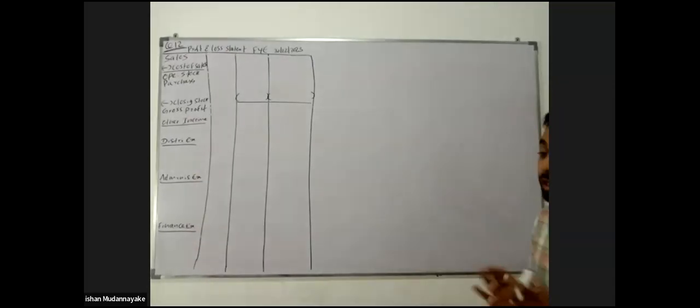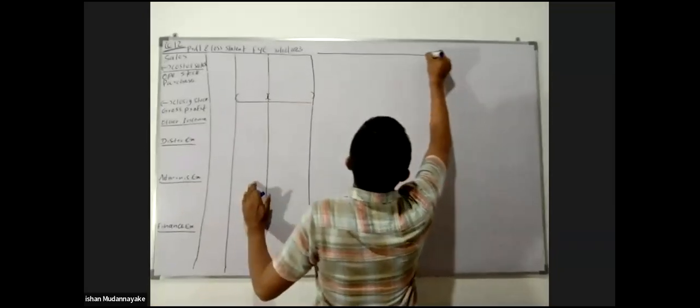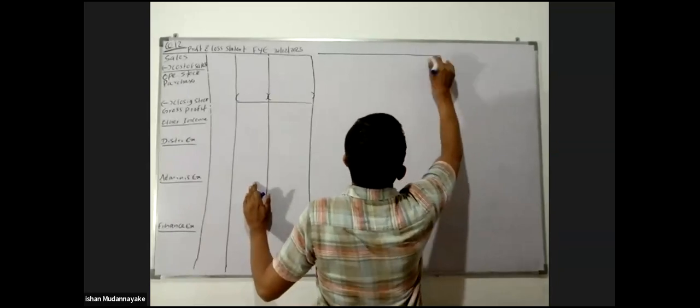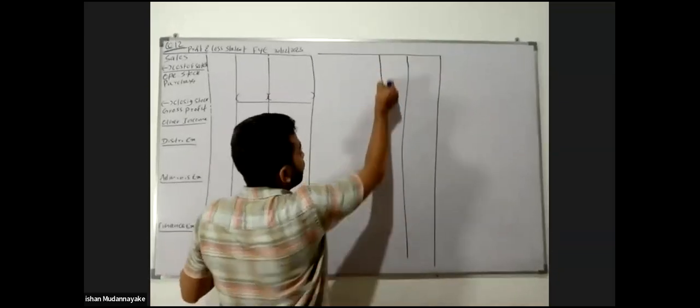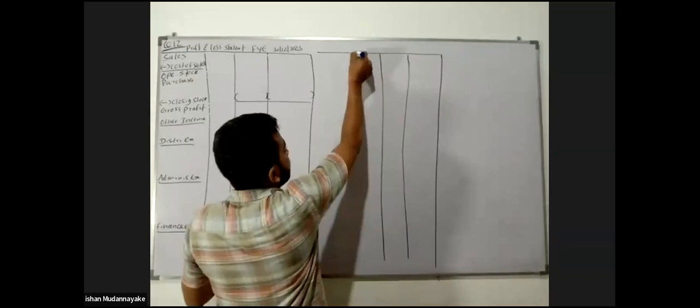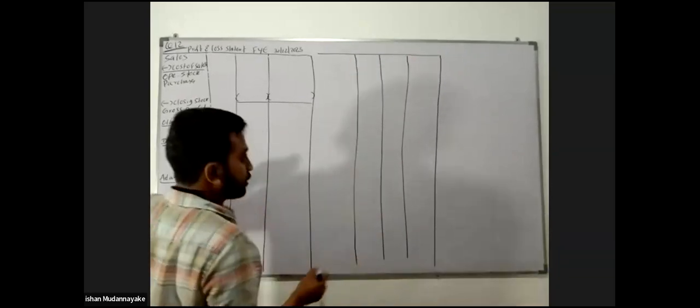And then quickly draw the statement of financial position. The statement of financial position requires 3 lines.